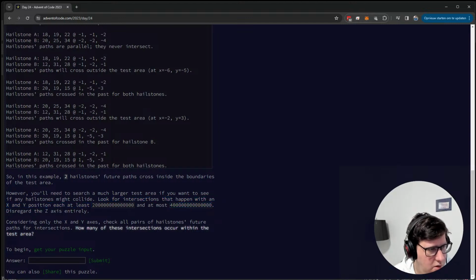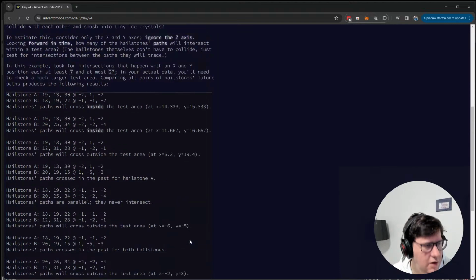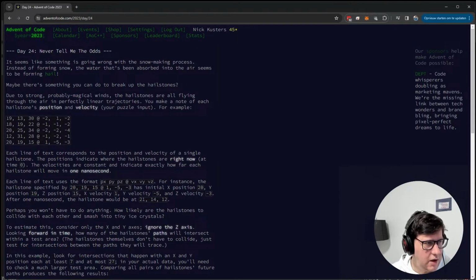So the ranges are between these. Disregard the z-axis entirely. Considering only X and Y, okay. Funky, but I think we can do this.